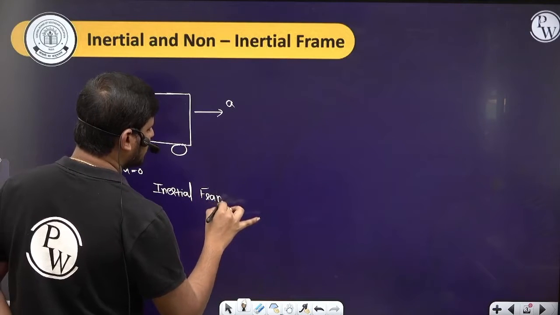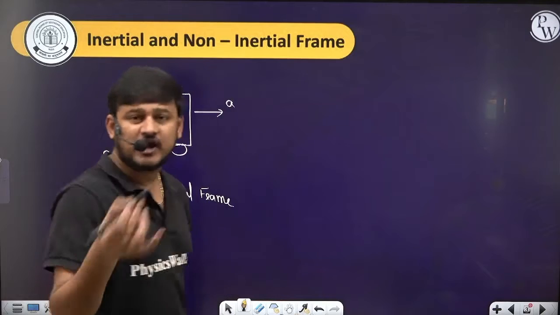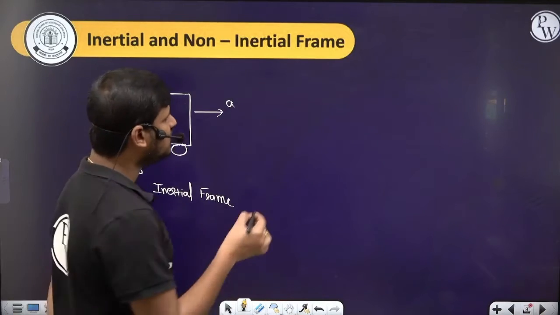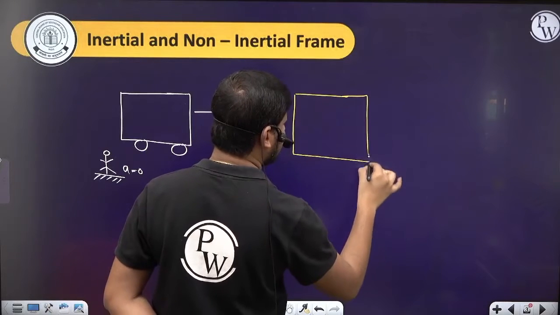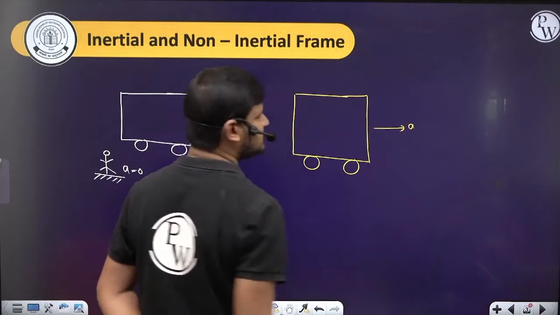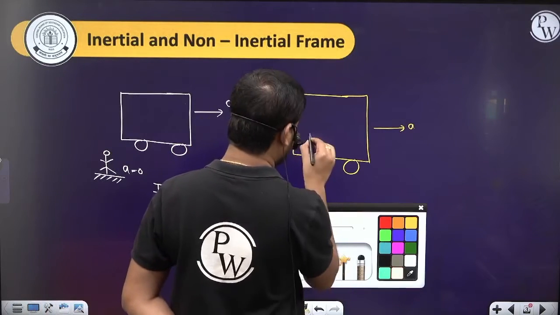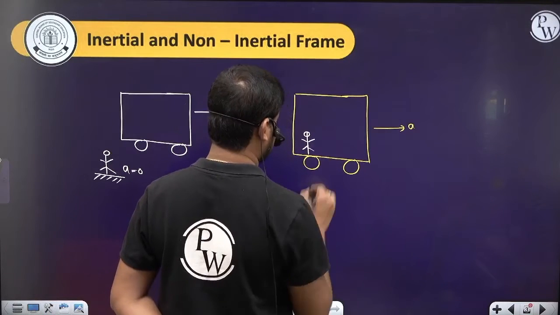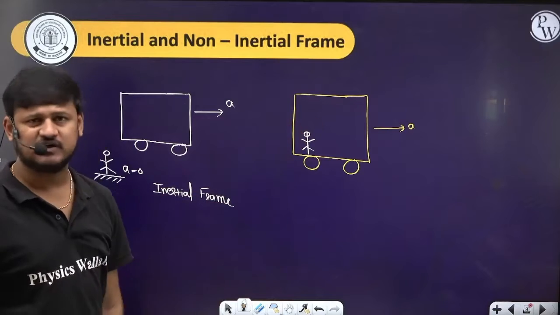If the observer is inside the frame, such a frame is called the non-inertial frame. Consider this is a vehicle moving with some acceleration a, and the observer now is standing inside the vehicle, inside the trolley or vehicle, whatever it is.